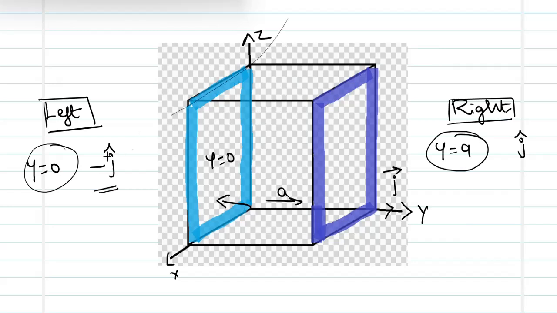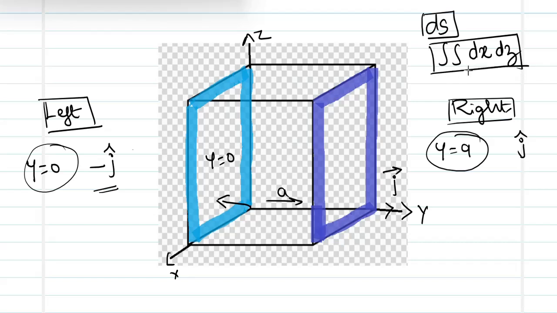Now coming to the y plane, we have ds as the surface integral. Y has been cut off over here, hence your double integral will be a function of dx and dz. Now ds will be integrated with respect to x and with respect to z.